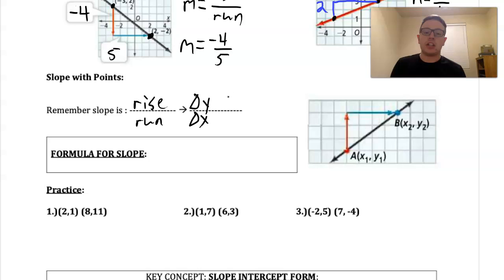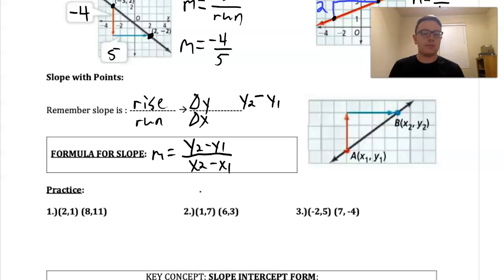And when we're changing, all we're doing is we're looking at the bigger number and seeing what the difference is to the smaller number. Making our formula for slope, if our change in y is y2 minus y1, then we divide that by our change in x, which is going to be x2 minus x1.